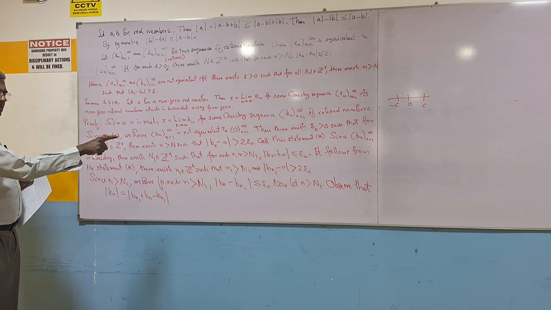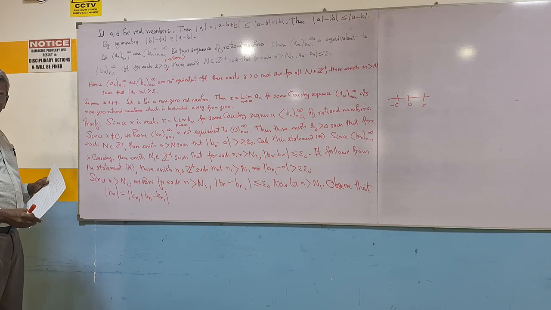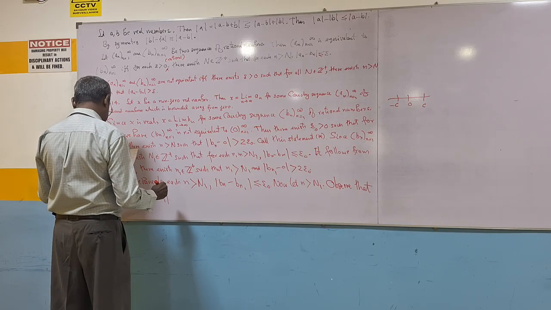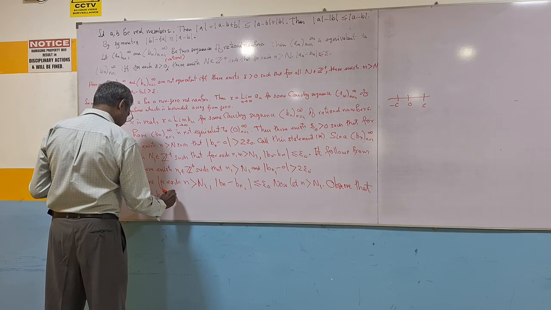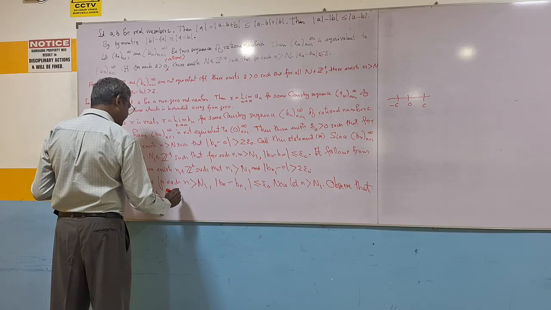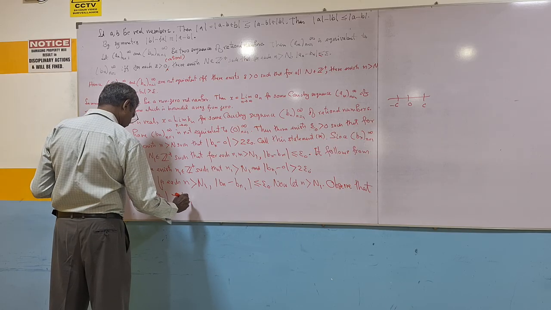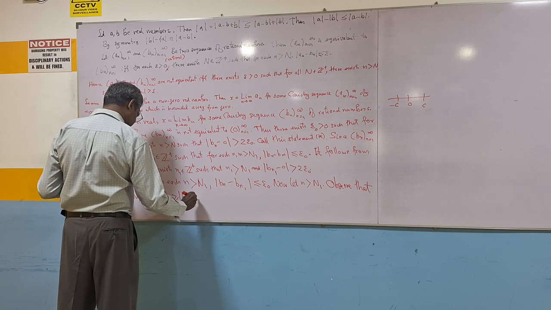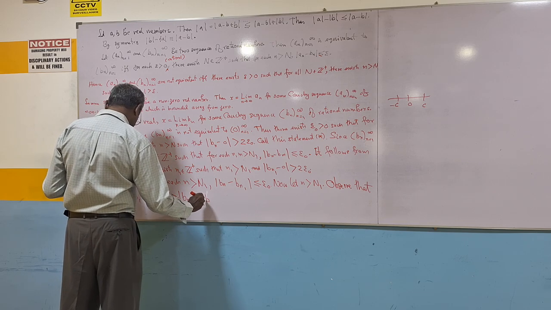Now I have taken a simple n greater than n1, so this is something we know for sure. Then I can say this is greater than or equal to Bn1 in absolute value minus |Bn − Bn1|.